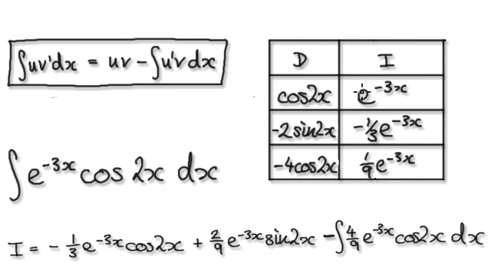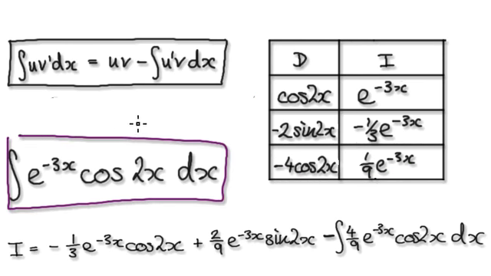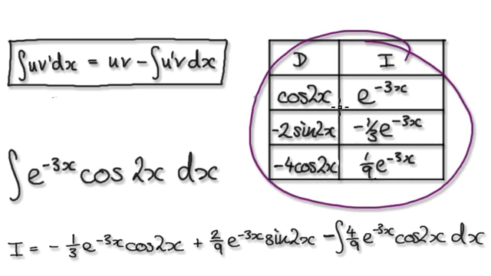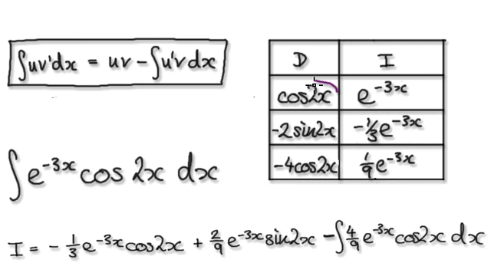So now that we've got our table, let's call this whole thing we're trying to work out capital I. So capital I equals, once you've built your table, the first term will be this times this. Remember, positive, negative, positive.